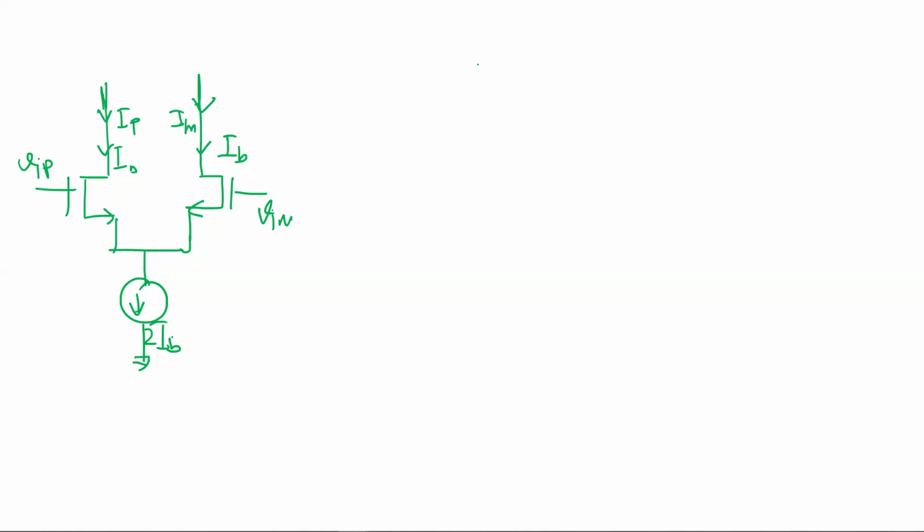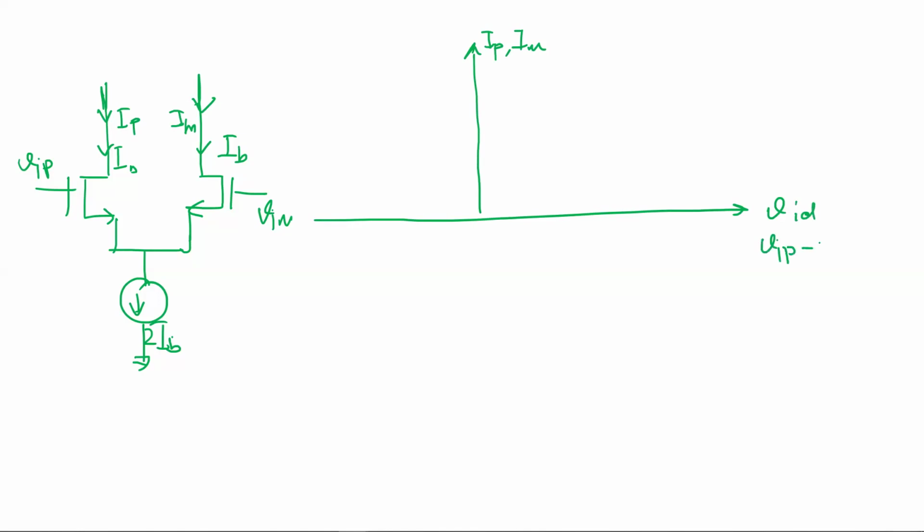So what you want to draw is, let's say this is IP, IM and this is VID, which is VIP minus VIM.